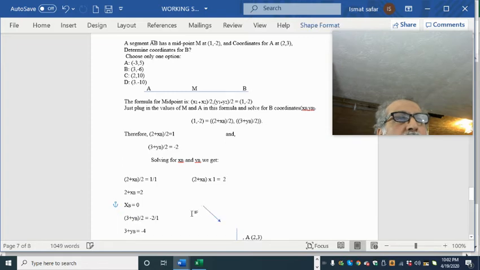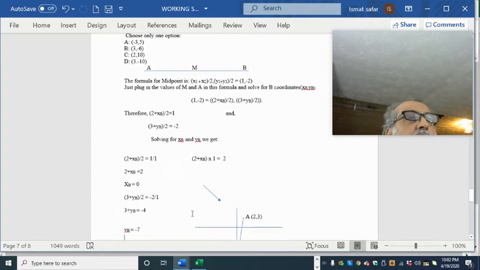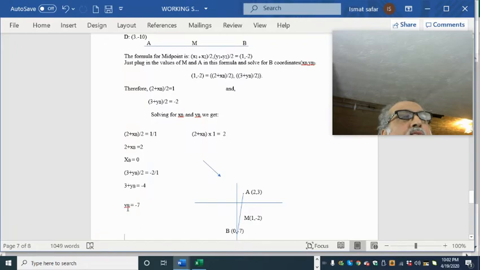Okay, and we go further one more step. We will have y of b equal negative 7. Why negative 7? Well, take this 3 to the other side of the equation, so it becomes negative 3, right?